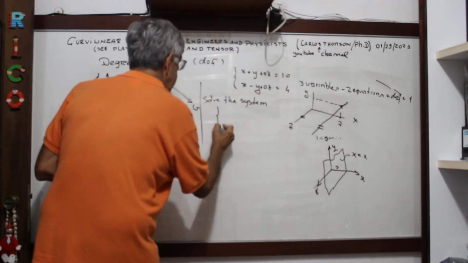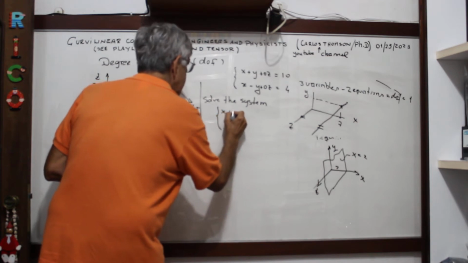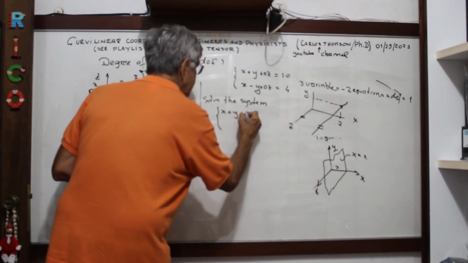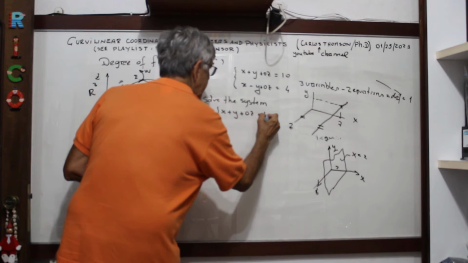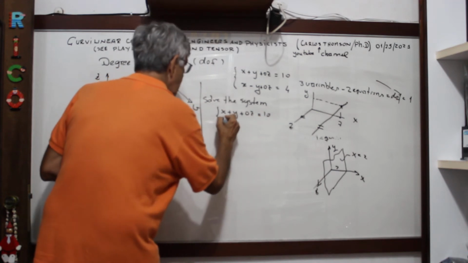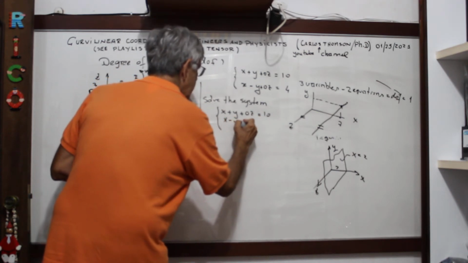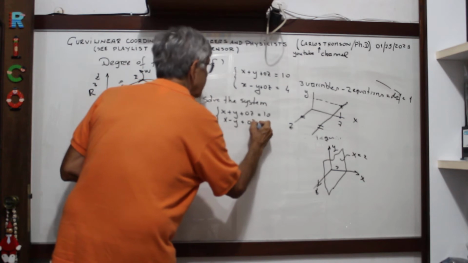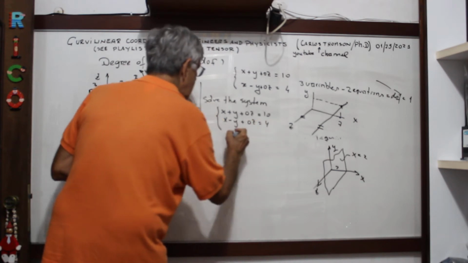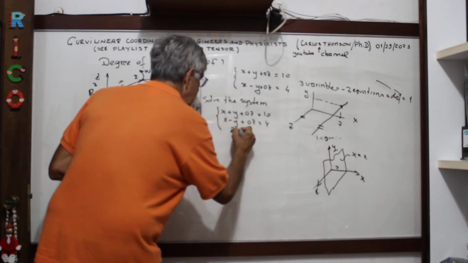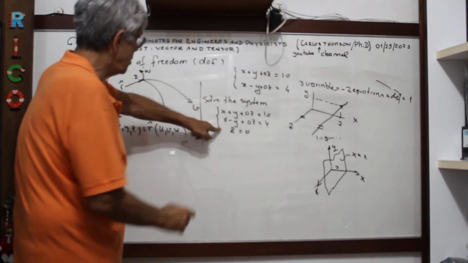You should put it like this: x plus y plus 0z is equal to 10. Now, x minus y plus 0z is equal to 4, and z is equal to 0.